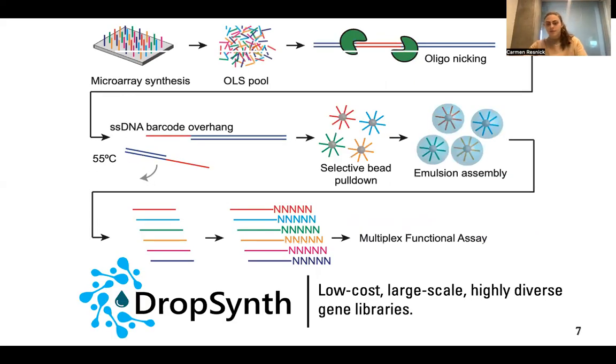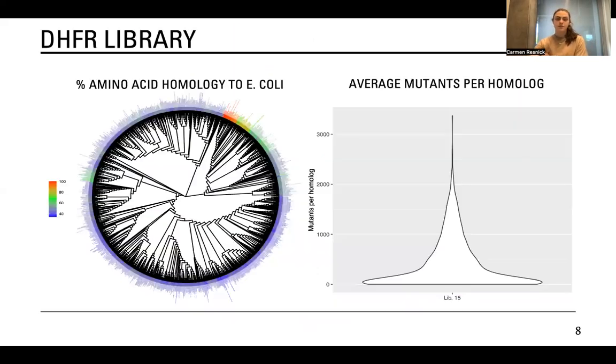We've done this study using a really primary facet of this lab, which is DropSynth. DropSynth allows us to actually synthesize huge libraries of DNA for a very low cost that are very diverse. And this is what's allowed us to actually conduct this study, looking at all of these mutations to the single gene.